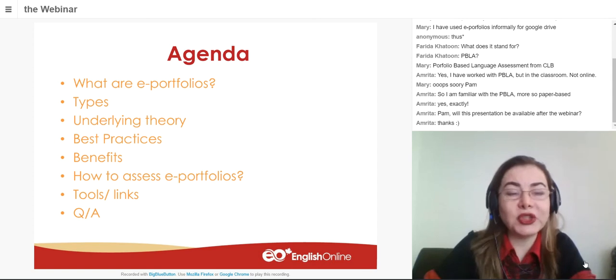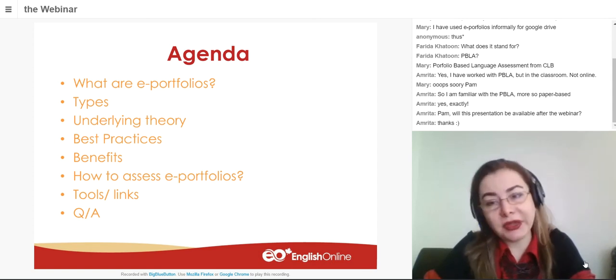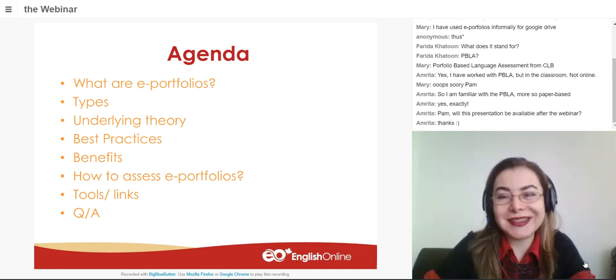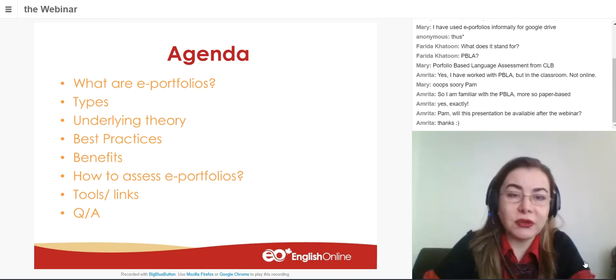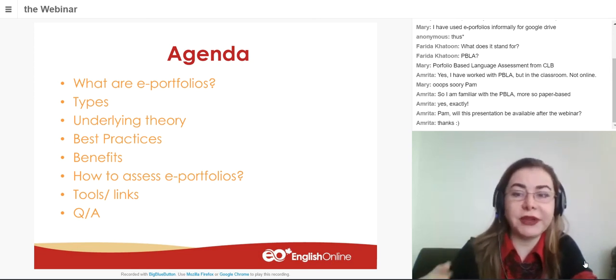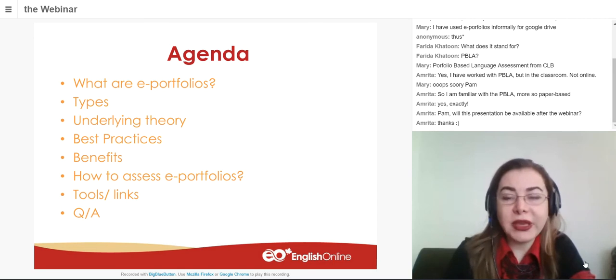And then finally share a few tools. There are many actually out there, but I've selected around 4 for you to research and see if you find them suitable to use. Okay, and then finally questions and answers. But feel free along the way, if you have any questions after maybe each slide or so, to ask questions.